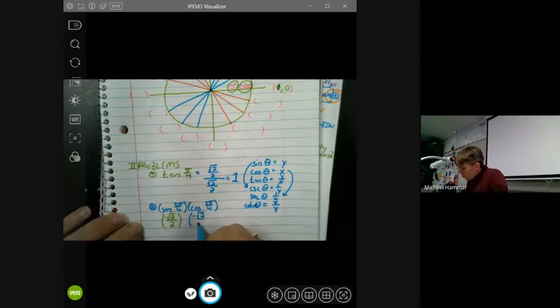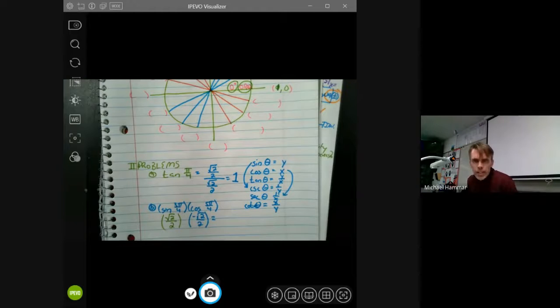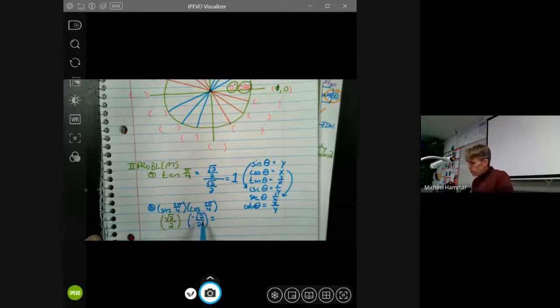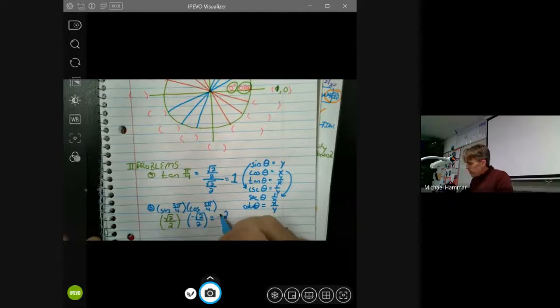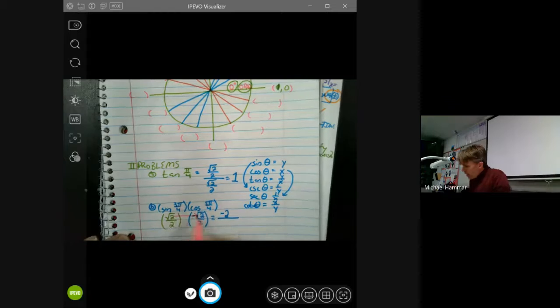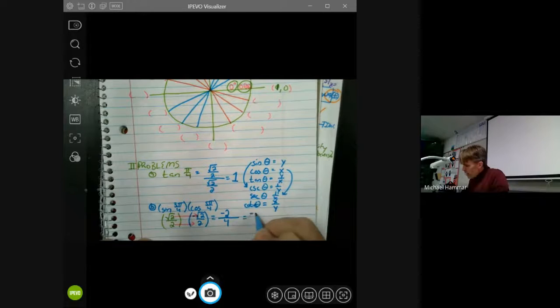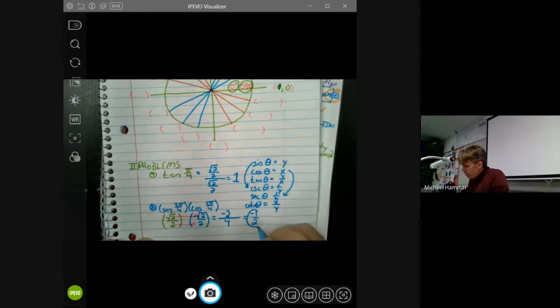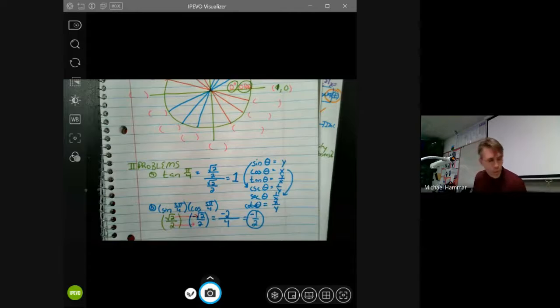You need to multiply these together. The square root of 2 times the square root of 2 is 2, but it's negative. Remember, just multiply across. Then 2 times 2 is 4. So reduce your fraction. Negative 1/2 is your answer to this problem.